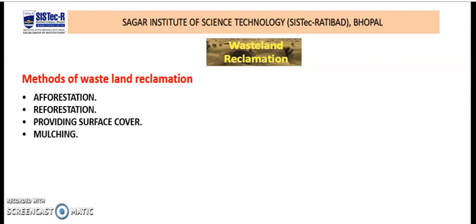In this protective cover of organic matter and plants like stalks, cotton stalks, etc. are used, which reduce evaporation, help in retaining soil moisture and reduce soil erosion.